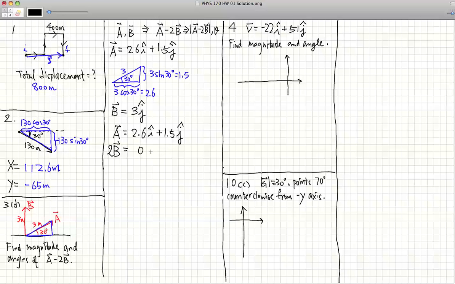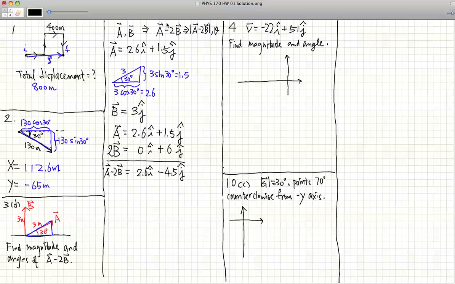B has no i component, so I write 0i, and I have the j component of 6j, because 2 times 3 gives me 6. Now I subtract them, so the vector A minus 2B is 2.6 minus 0, which is 2.6i, and 1.5 minus 6, which is negative 4.5j.